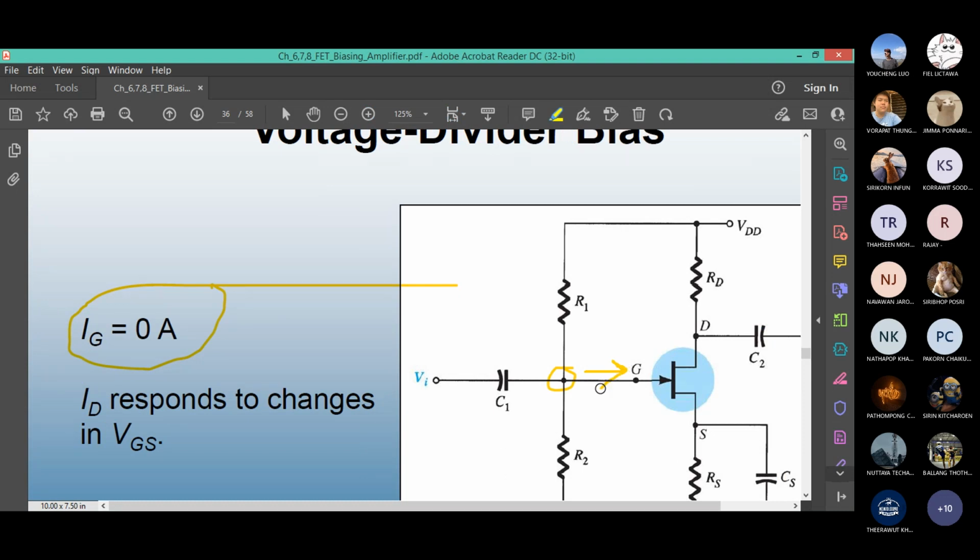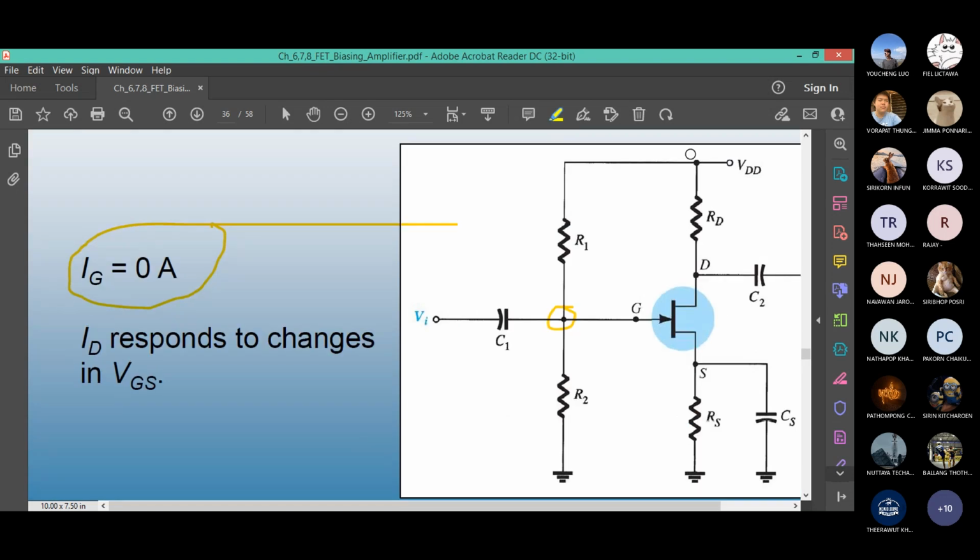If you think IG goes here, no, it does not go. Let me erase this one. The current coming from the source passes through R1, and at this junction you expect some to go here, but it's almost zero. So instead of going to the right-hand side, it comes to the junction between R1 and R2, and then it will pass through.